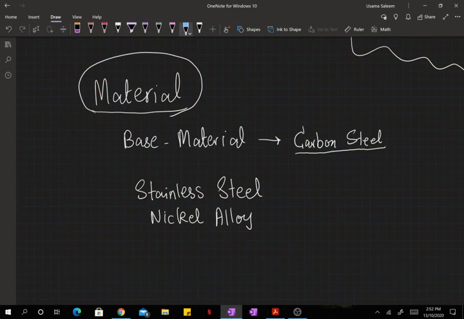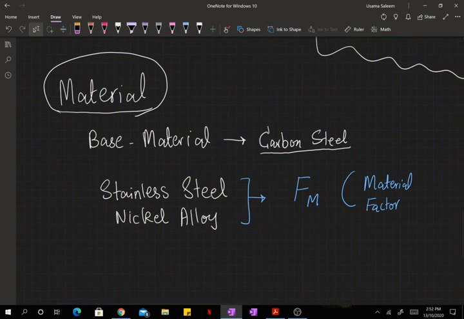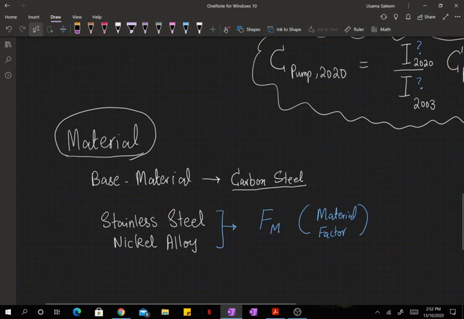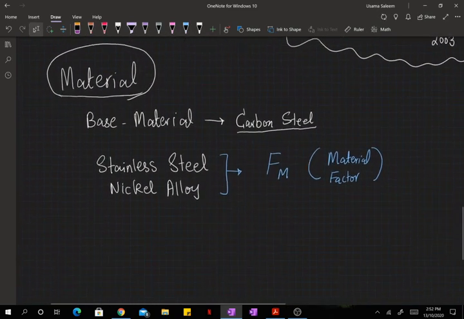And this can be taken care of very easily. You can use what's known as the material factor. Once again, these are tabulated in various textbooks, and it's better to use the latest edition to get the most accurate predictions.